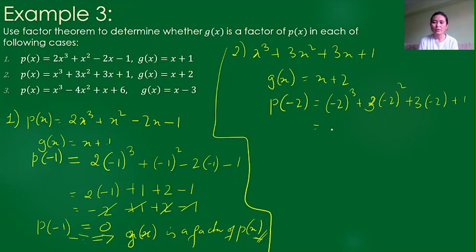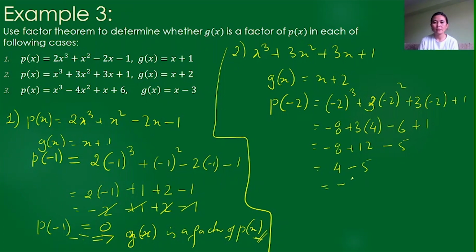This is equal to (-2)^3 is -8, plus 3 times (-2)^2 is plus 4, and plus into minus is minus, 3 2s are 6, plus 1. This is equal to -8 plus 3 4s are 12, minus 6 plus 1 is minus 5. Now this is equal to -8 + 12 is +4, minus 5.